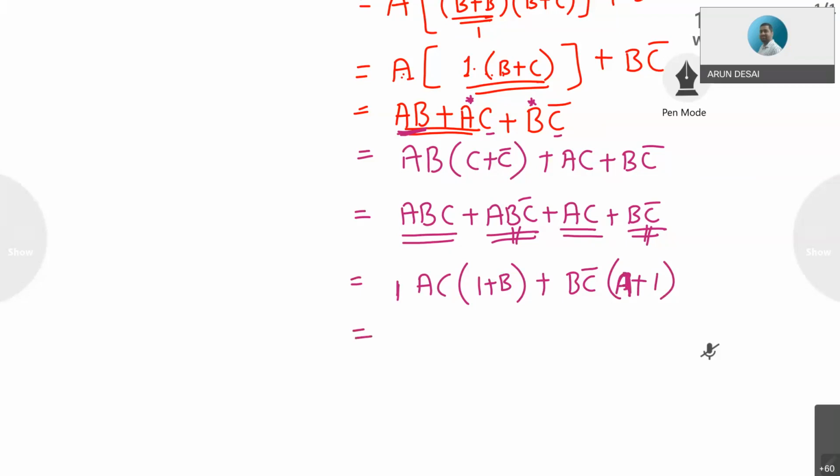In that case, anything ORed with 1 is 1, anything ORed with 1 is 1, right? So AC plus B C complement, right? Hence it is true that LHS is equal to RHS.